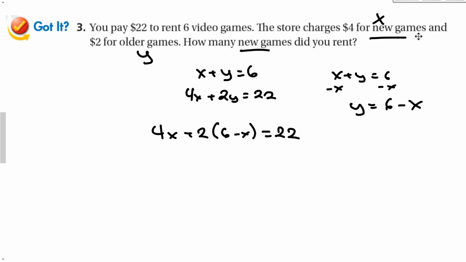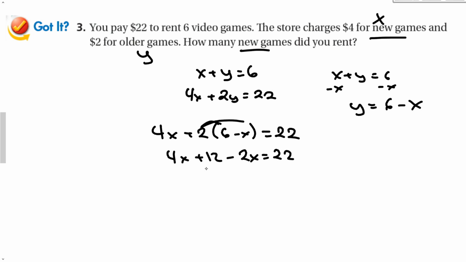Okay, so if you're able to isolate, or if you're able to give yourself an equation that has the variable that you're looking for, you only need to solve this once. And we do that by isolating the variable that I'm not really looking for, so that way the only letter that's left over is x, the one I want. 4x plus 12 minus 2x is equal to 22 after I distribute the 2.